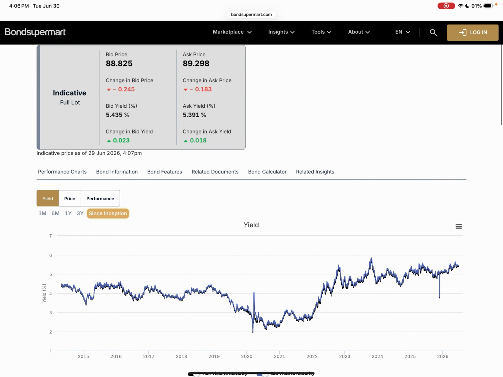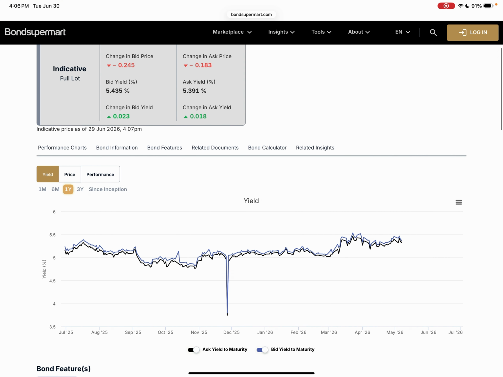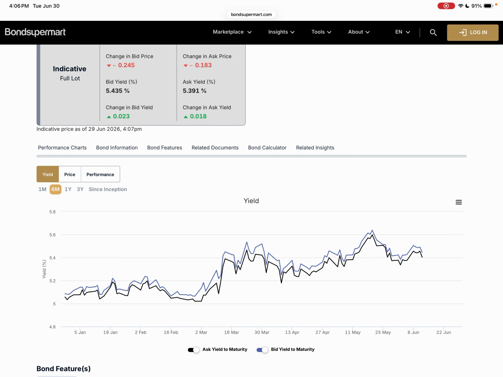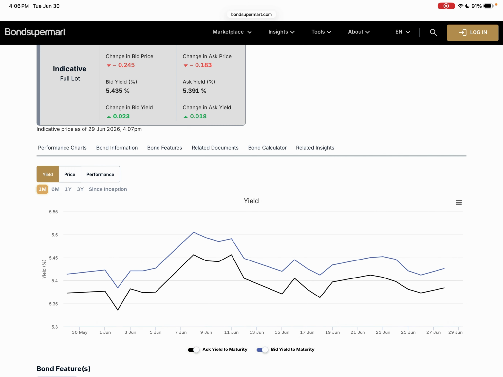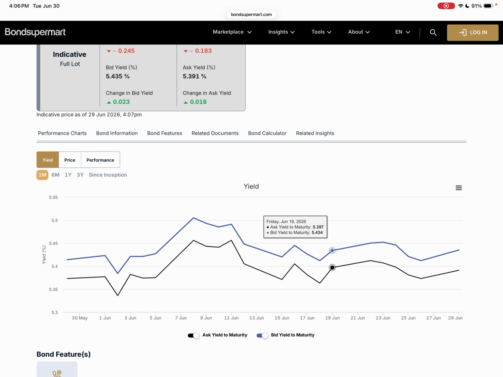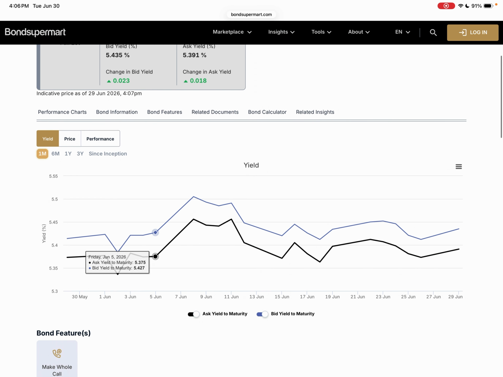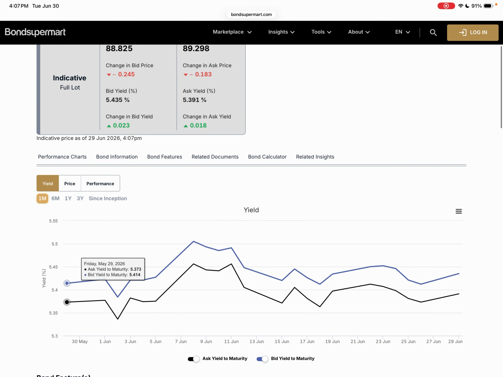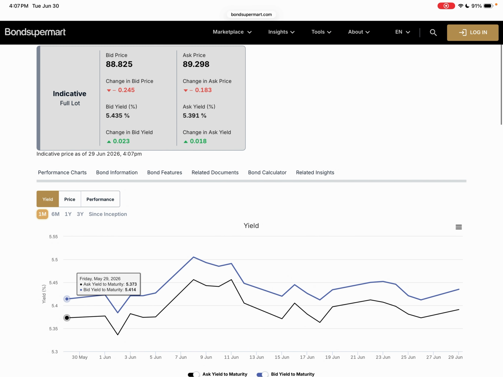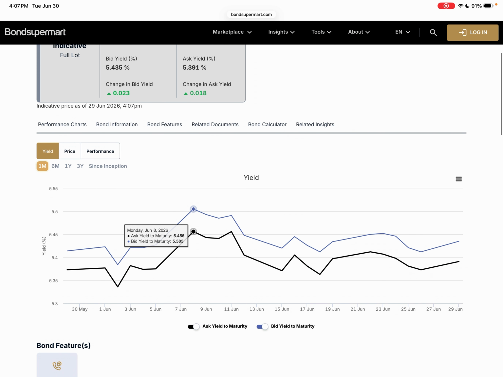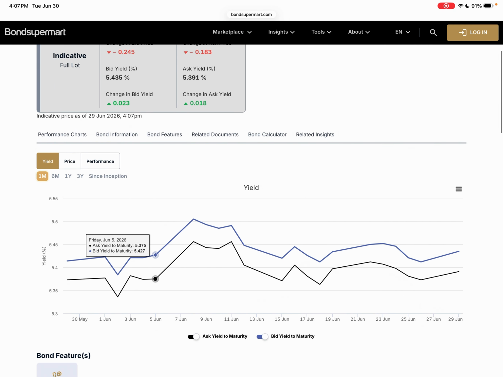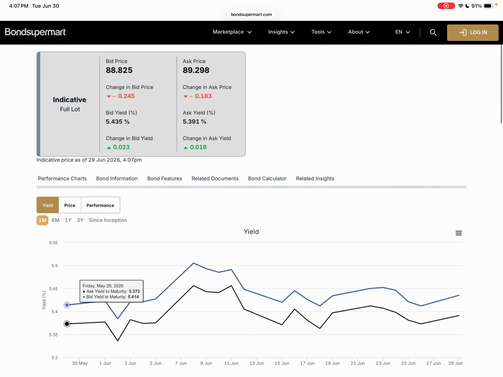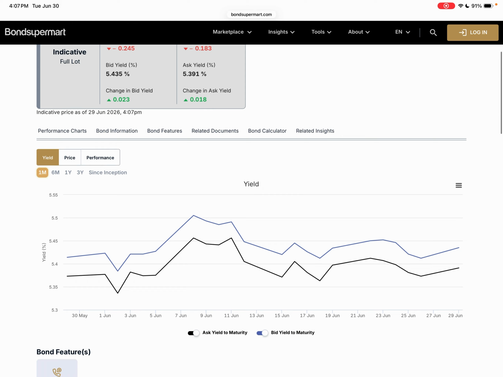Let's look at 1 month. So here in the past month, we'll look at it from here to here. You can see that the yield to maturity increased until like June 8th, right? Yield to maturity increased, so the price should have come down.